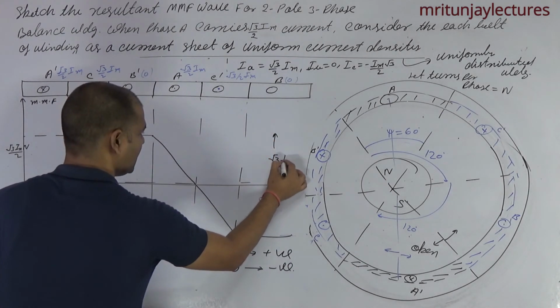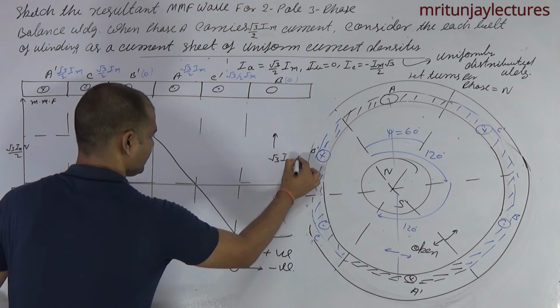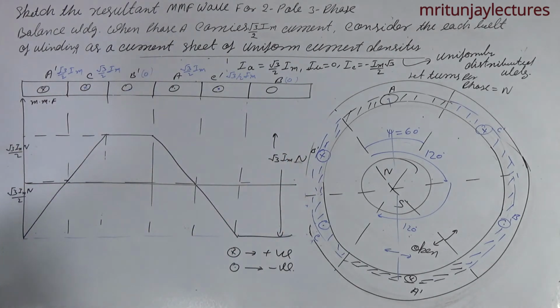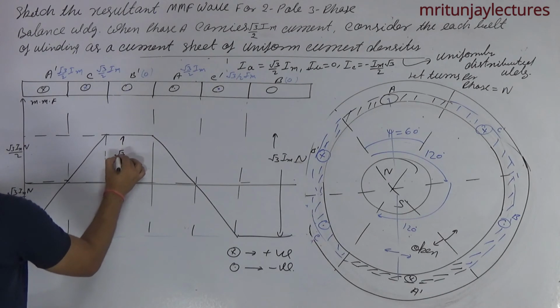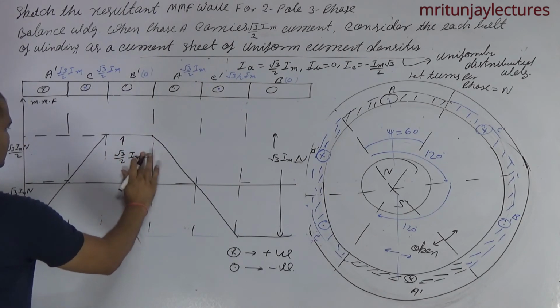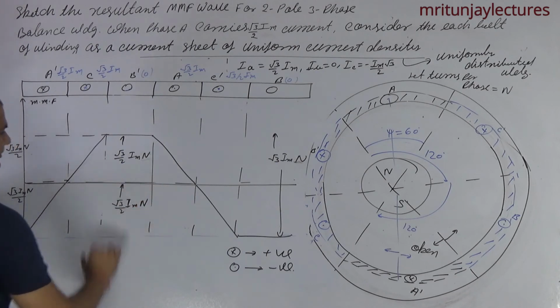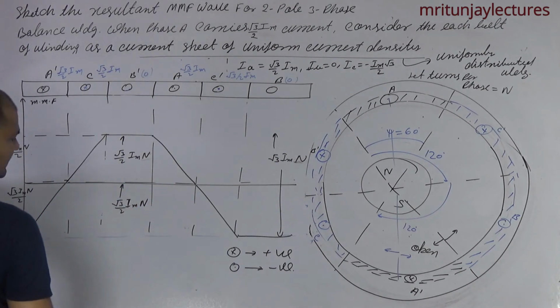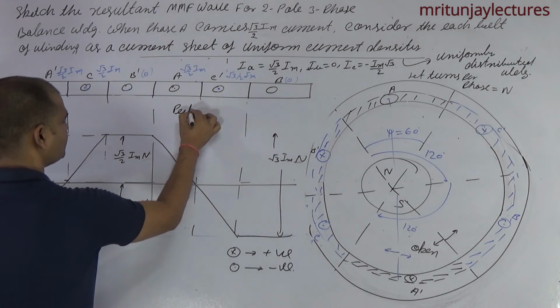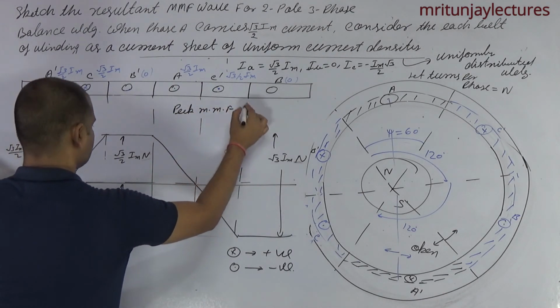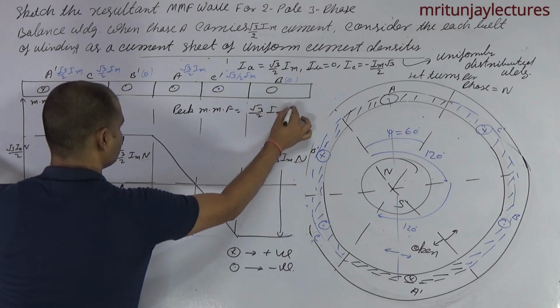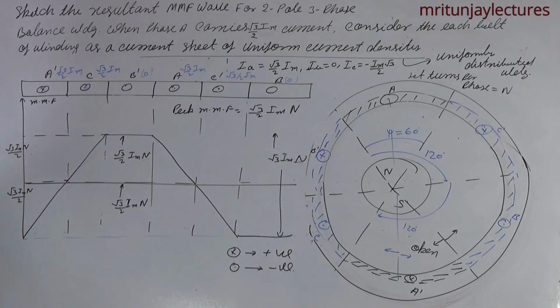Root 3 Im into N. Okay, this is root 3 Im into N, and this value is root 3 by 2 Im into N, and this is root 3 by 2 into Im into N. Okay, peak MMF is root 3 by 2 Im into N. Make it.